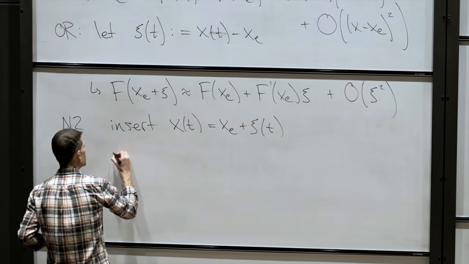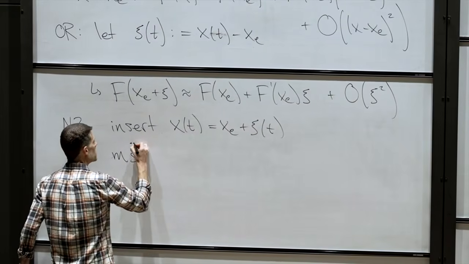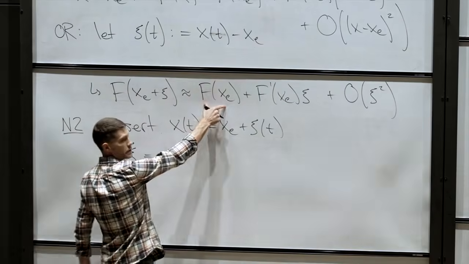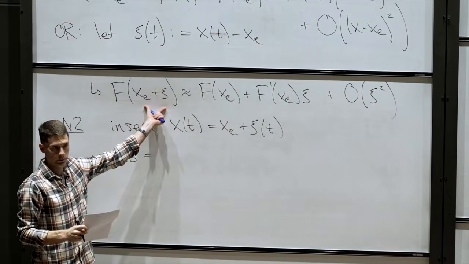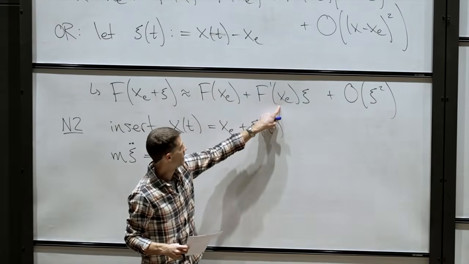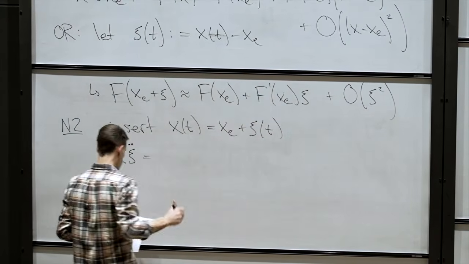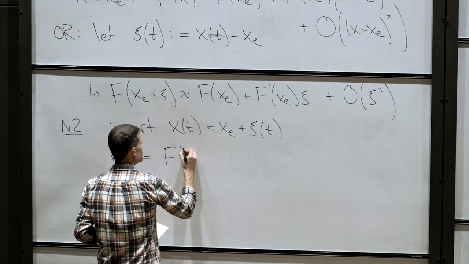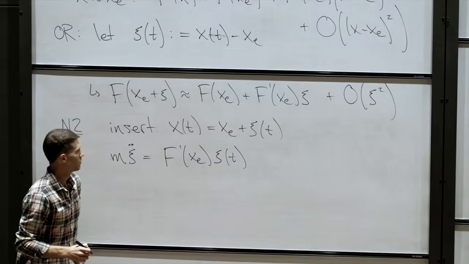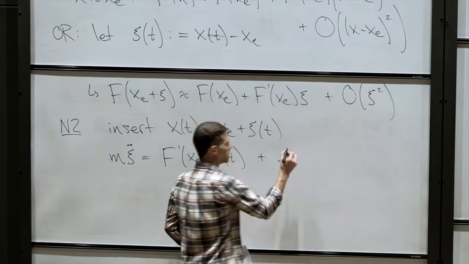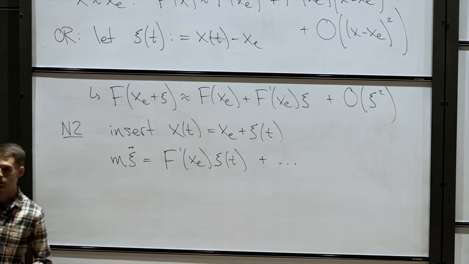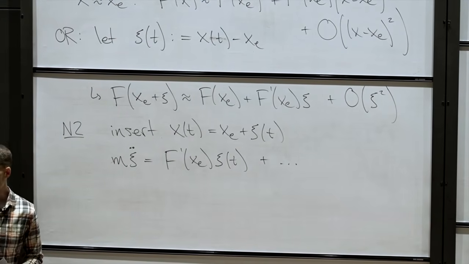So I get m times the second derivative of psi is f of x, which is f of xe plus psi. I get f of xe, which is 0 by construction, plus f prime of xe times psi, plus dot, dot, dot, which is the other notation you'll sometimes see, meaning all the rest of the terms in the Taylor series which are smaller than the terms I'm keeping.